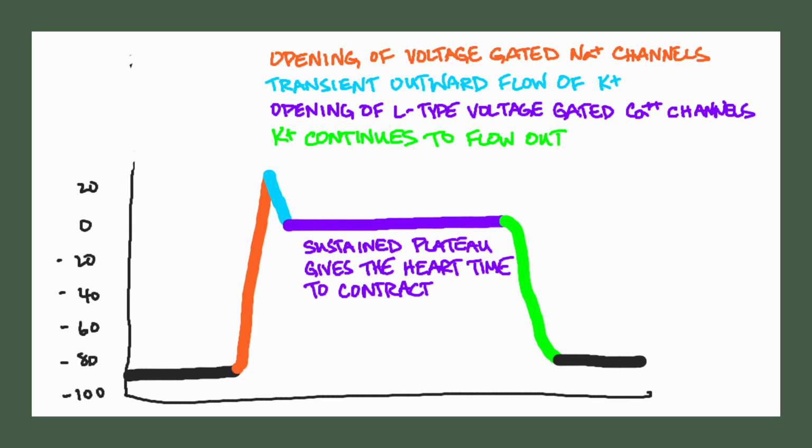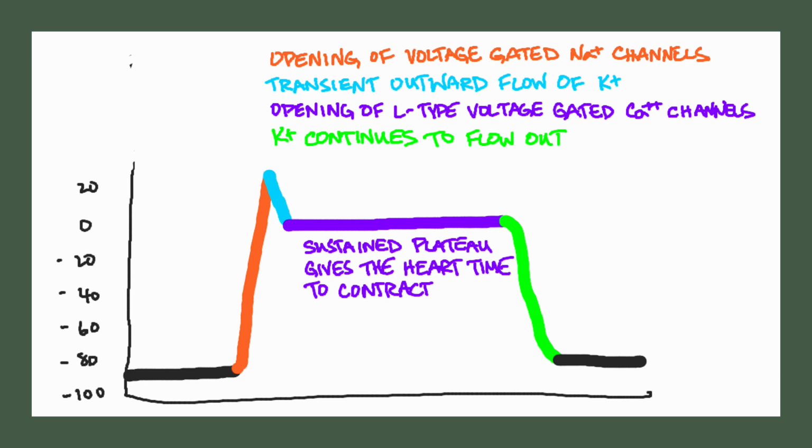Now let's talk about what happens in the myocardial cells. The myocardial cells have a resting potential of approximately minus 90 millivolts. So they are super polarized. The depolarization wave comes from the nodal cells, triggering myocardial cells' sodium channels to open, and then sodium floods in and depolarizes the cell.